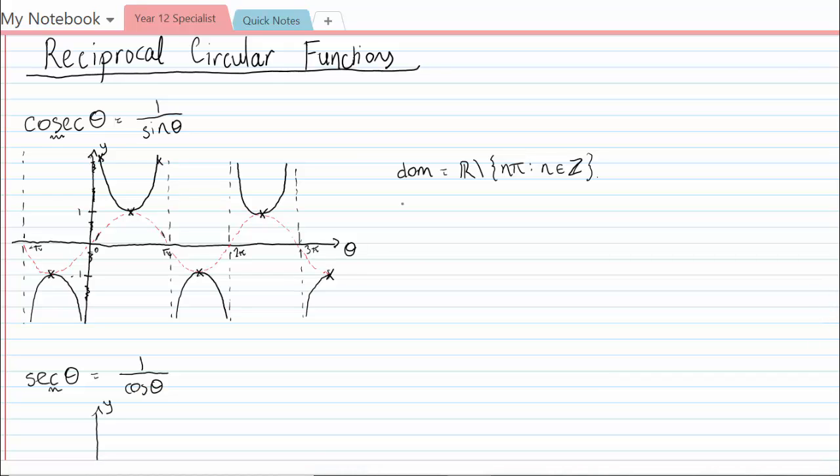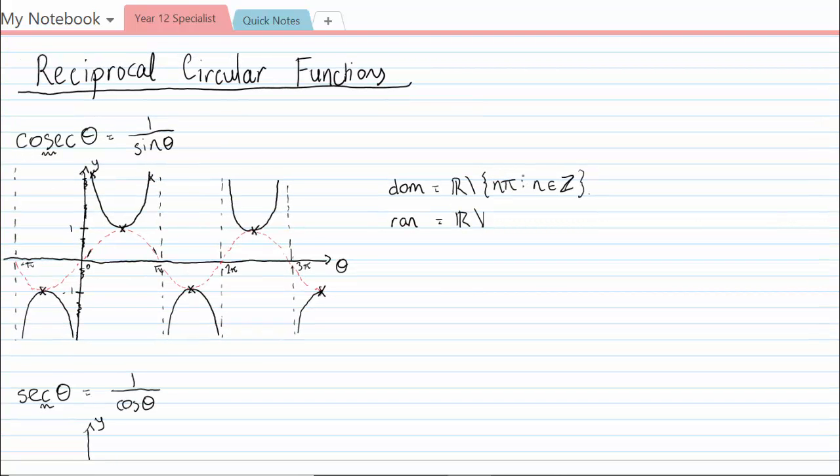As for the range, we can see that it includes all the numbers except for values between -1 and +1. And so what we can say is that the range of this is all real numbers excluding the interval of -1 to 1.